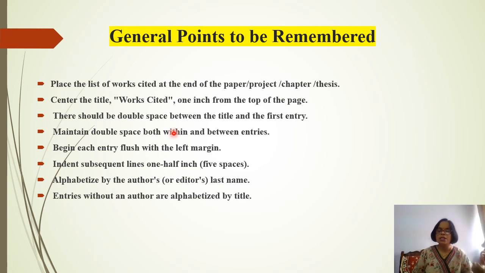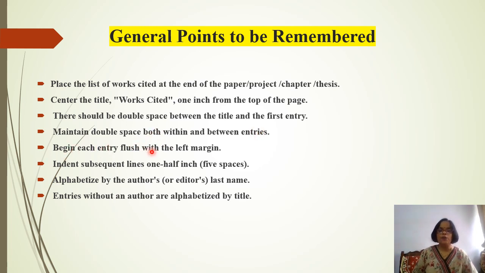Within means, suppose you are putting one citation, and if that citation is carrying forward in 2 or 3 lines, then between these 2 or 3 lines, the space should be double. And between entries means if there are 3 or 4 citations, then after the first citation, when the second citation begins, you have to once again keep the same, that is double space.